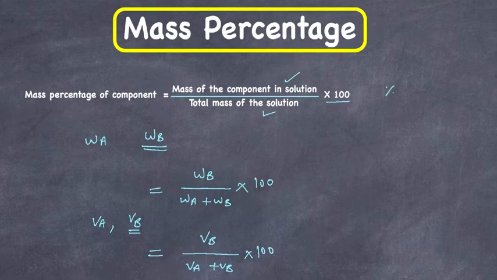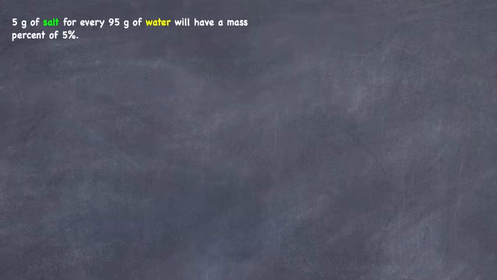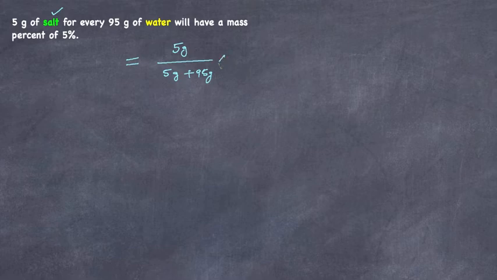Let's go over a very simple example to understand it. So let's say we have a solution, and this solution has 5 gram of salt and 95 gram of water, and we'd like to calculate mass percent of the salt in this solution. So mass percentage of salt is going to be equal to the mass of the component, which is 5 gram, divided by the total mass of the solution, which is 5 gram plus 95 gram of water, and multiplied by 100.